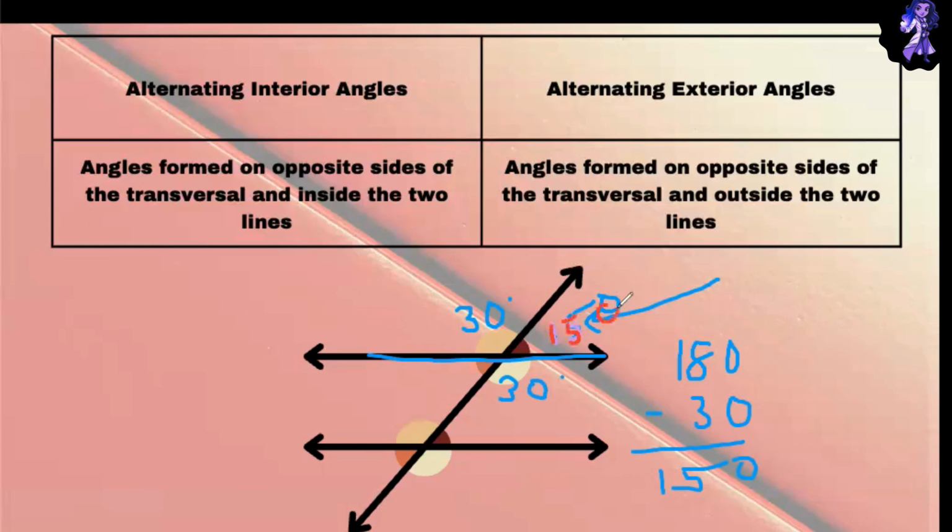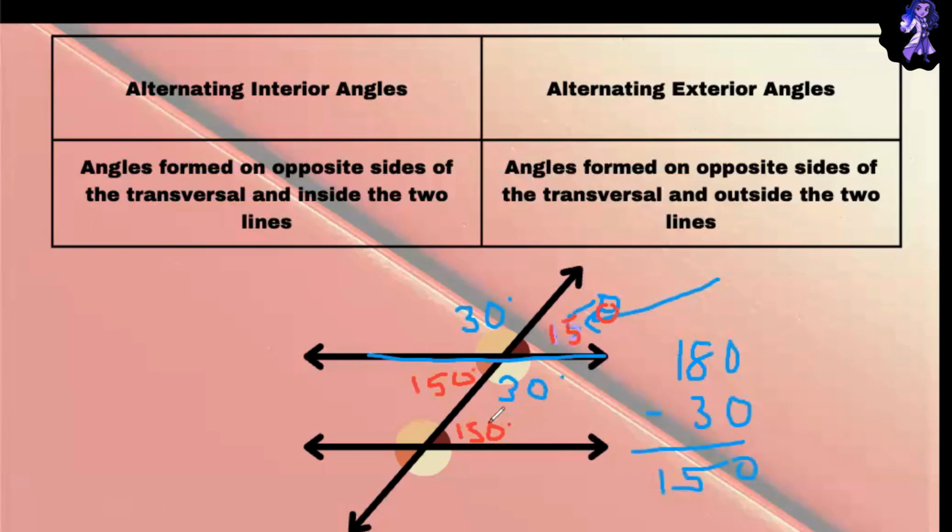And we can say by the alternating angle rule that this side is also going to be 150 degrees as well. Now, you can see that there are interior angles here, and this is where alternating interior angles come in. That says if one interior angle is 150, opposite to that angle is going to be exactly the same.